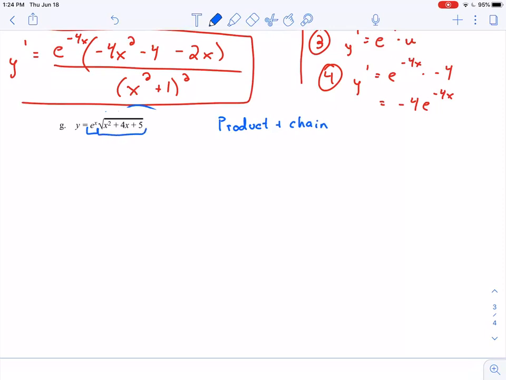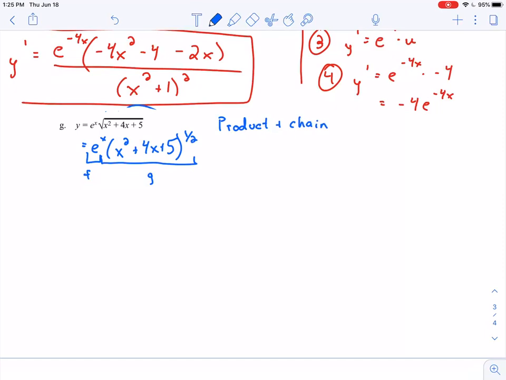Well, actually, first of all, let's rewrite this. E to the x, this is going to be x squared plus 4x plus 5 all to the 1/2 power. And if you didn't see the chain rule before, hopefully you do now. So I'm going to rewrite it first of all. I'll call this f, I'll call this g.